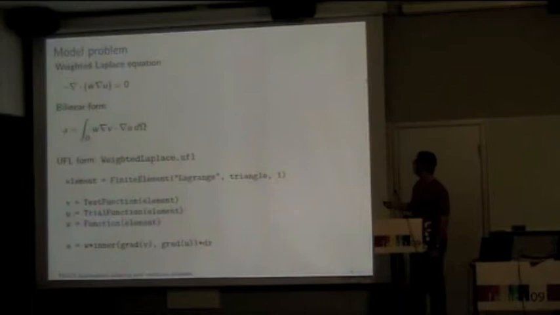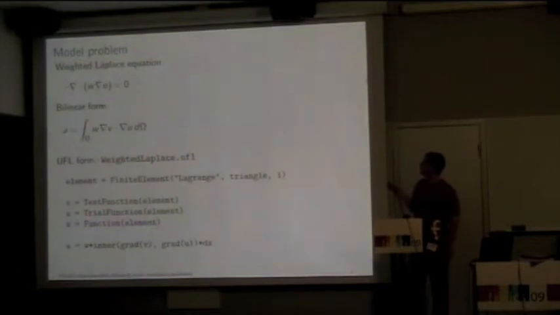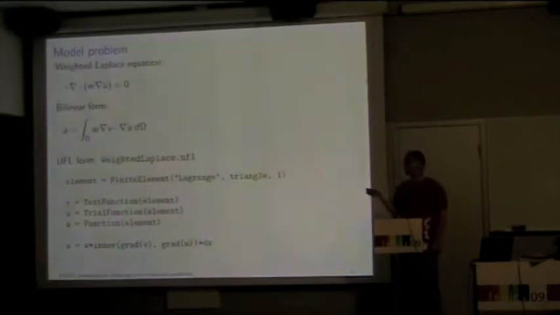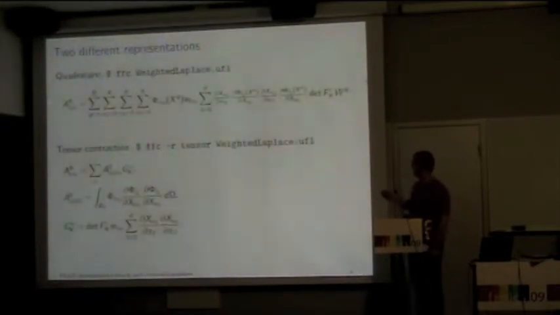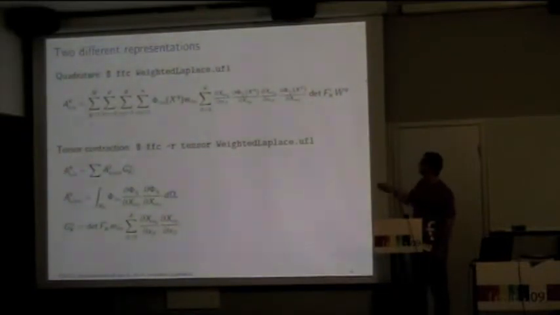Okay, so let me start here with the quadrature representation. If we take a model problem, the weighted Laplace equation, and the bilinear form and the UFL equivalent, we see it's pretty simple. And we can represent that in FFC in 2 different ways. One is using quadrature, which is basically just a bunch of loops.